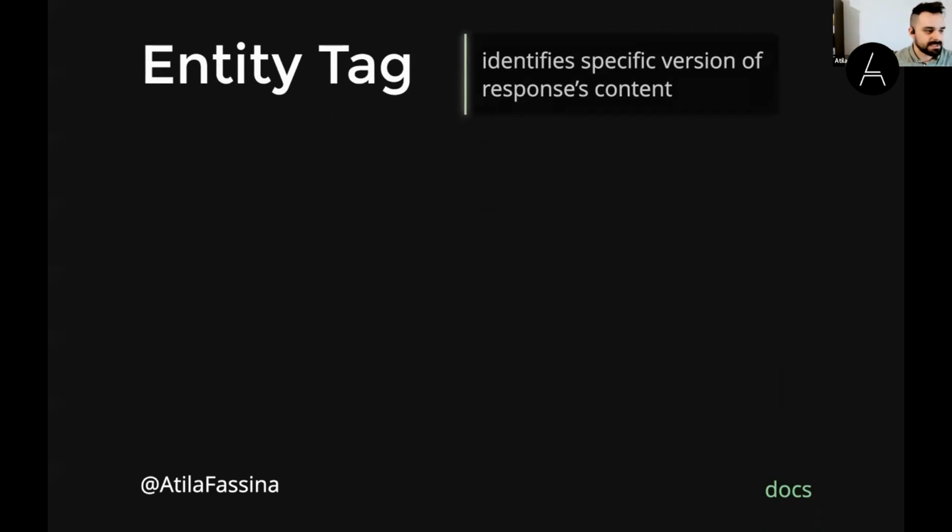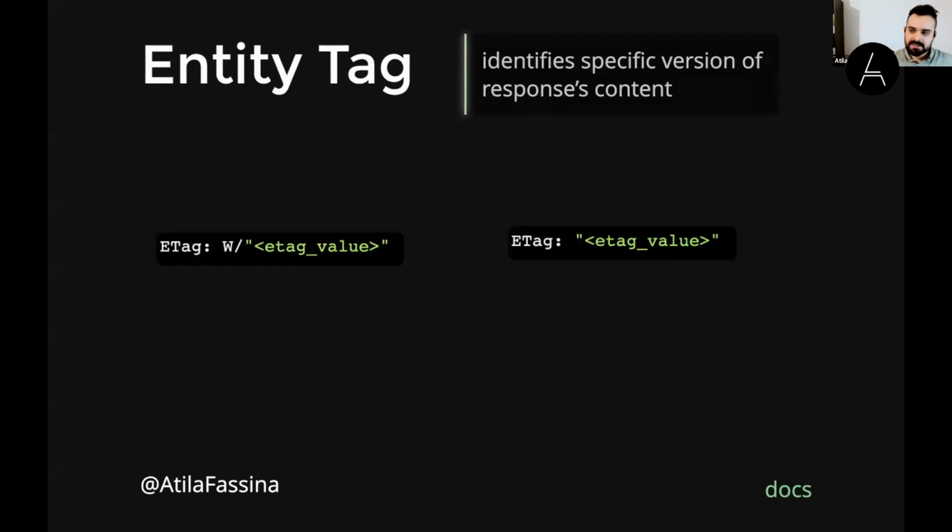But first, the ETag. The ETag has two possible values. One of them is the string value, and the other one is with that W first. And the W means that it's a weak validator. The weak validator means that the content of the header and the resource are not equal byte for byte.